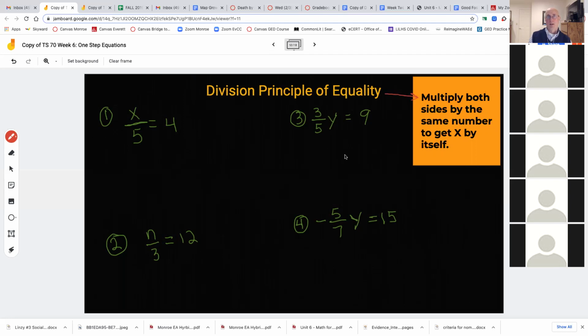So you see how that doesn't sound right? That's why I kind of changed the name at the beginning. We were already doing this on the last slide. I kind of snuck in some division principle of equality. I'll give you another 10 seconds to copy a few more things down, and then I will start.